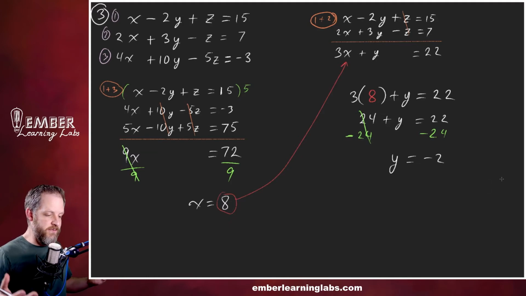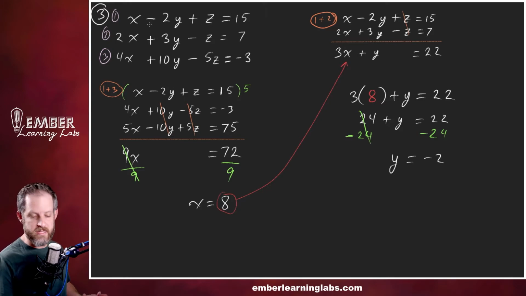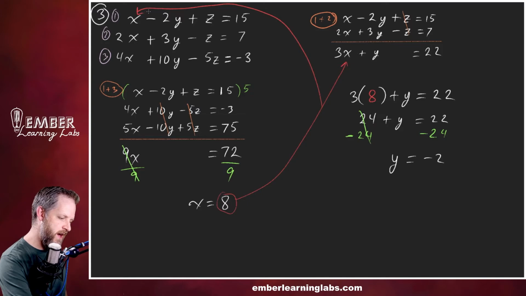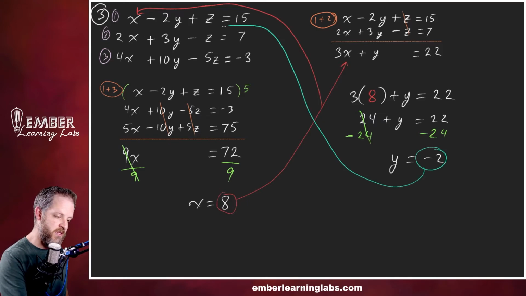So now we just need to find z. We can plug x and y into any of the equations. Equation number 1 looks like probably the easiest place to go. So let's substitute this in for that y.